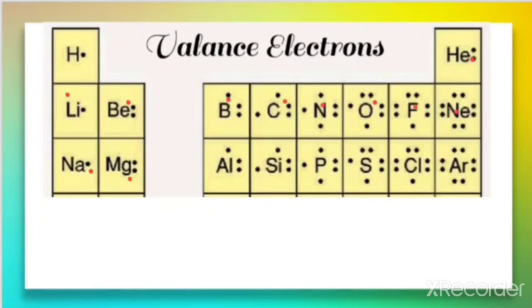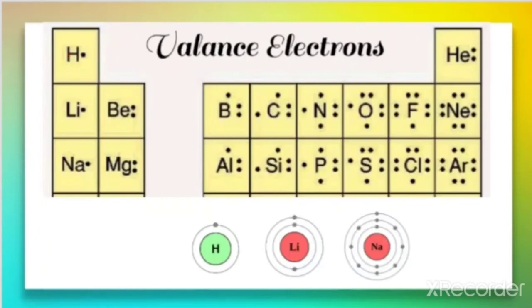Then sodium, magnesium, aluminium, silicon, phosphorus, sulfur, chlorine, argon. You have to learn in this order and try to write the order in this way. So it will be easier to find the number of valence electrons, because when you make the atomic structure for hydrogen, lithium and sodium, let me make it here.